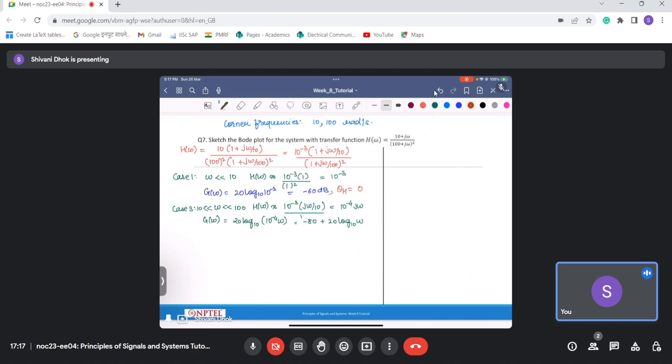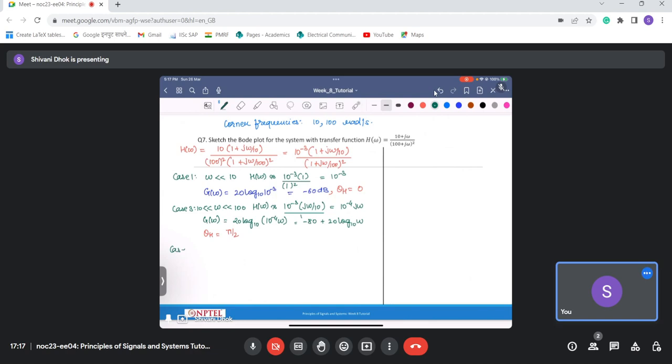So here what I am having is a 20 dB per decade increment, and here θ_H is equal to π/2 because it is an imaginary quantity with a plus sign.